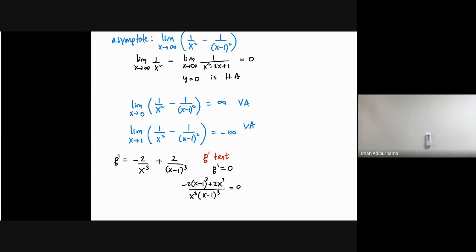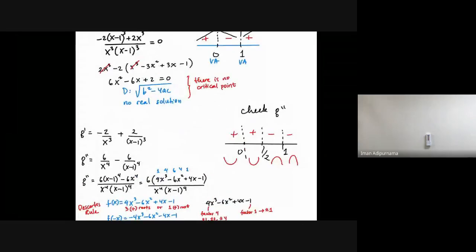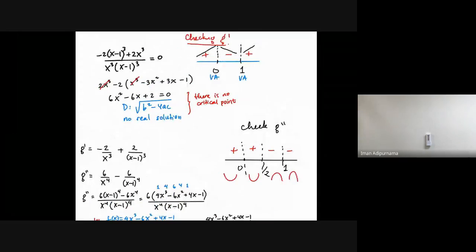After dealing with G prime, if we do not have any critical point, we can at least check the numbers around the vertical asymptotes, 0 and 1, and see how the function increases or not.